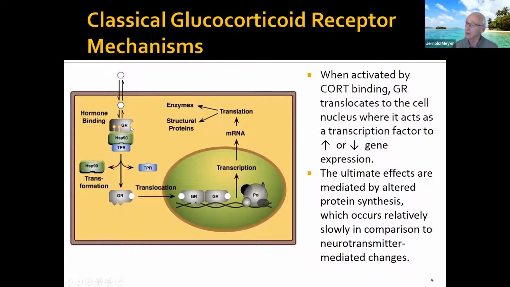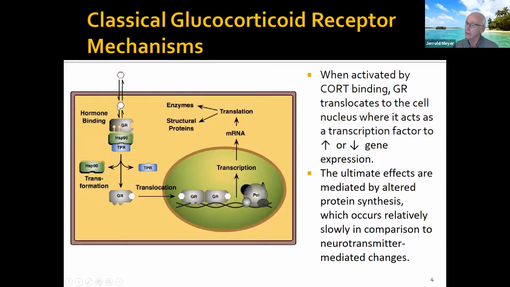When it's not binding cortisol or another glucocorticoid, the receptor, of course, is a protein, as almost all receptors are, whether for hormones or neurotransmitters or other signaling agents like cytokines. So this is a protein, and you can see it's present in the cytoplasm of the cell. In the resting state, it's bound to several other proteins, including this one here, heat shock protein 90. 90 refers to the molecular weight of the protein.